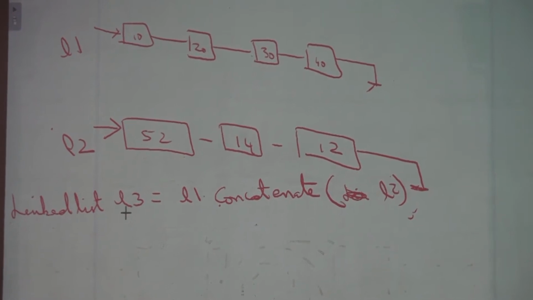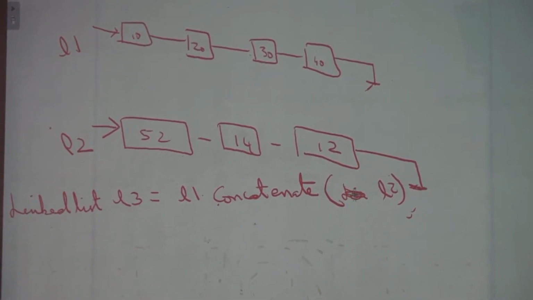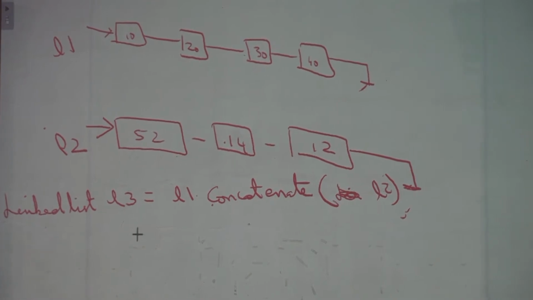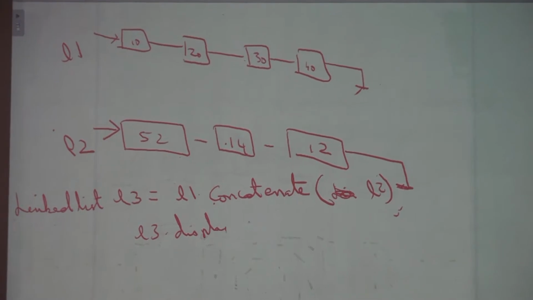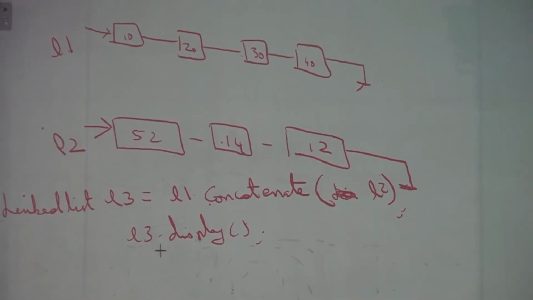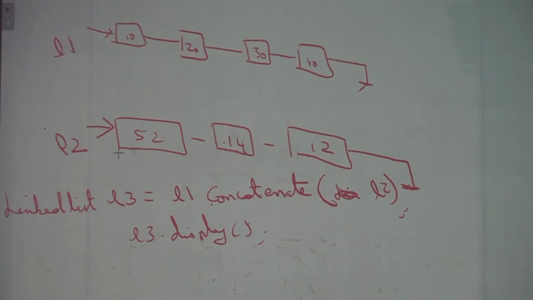So L3 is produced by concatenating L1 and L2, which means that L3 will be 10, 20, 30, 40, 52, 14, 12 in this example. That will be L3. So when I say L3 dot display, I should get all these numbers in this order.